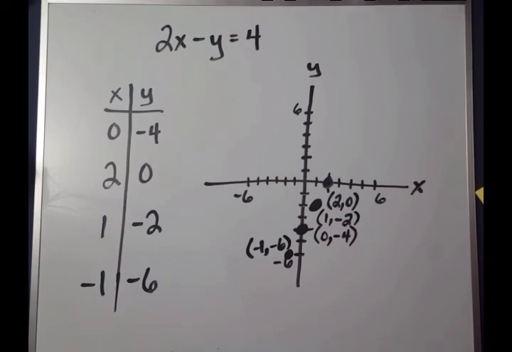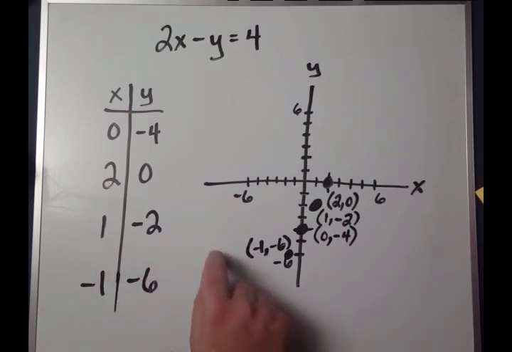Now I'm going to stop right there. I'm going to point out that after doing number 71, 73, and number 75, you're going to be asked number 77. It says look at the graphs of the ordered pairs in these exercises, including the one that we just did.